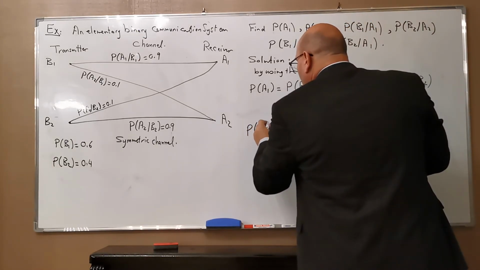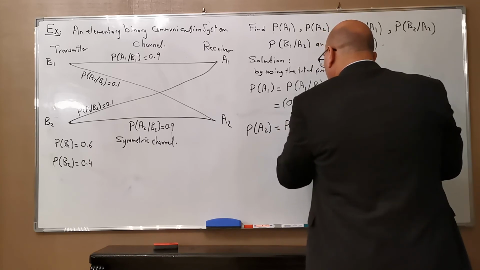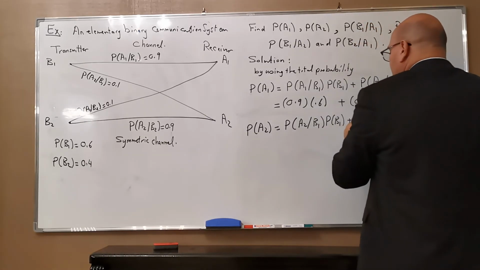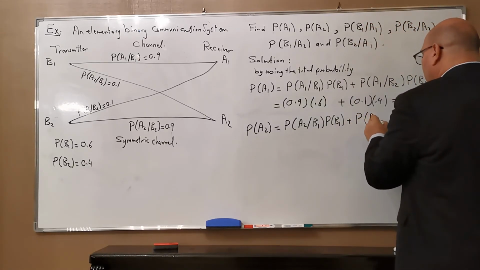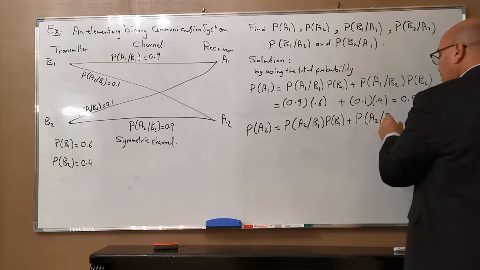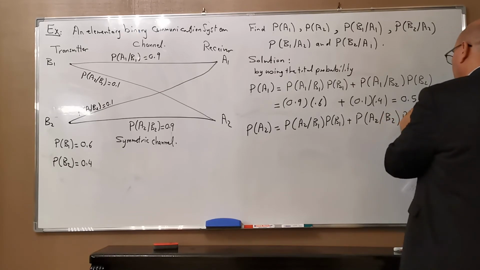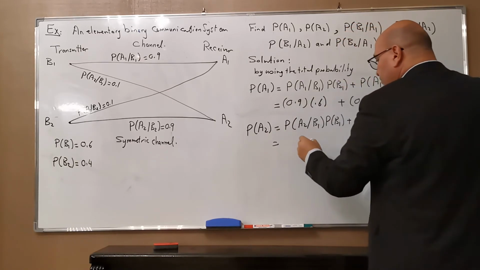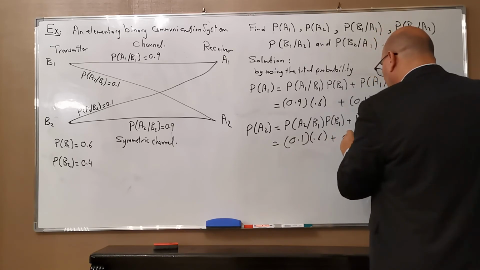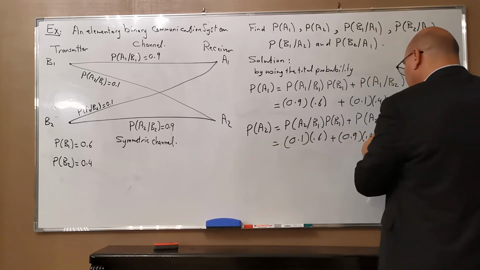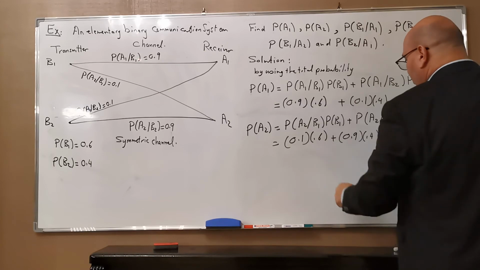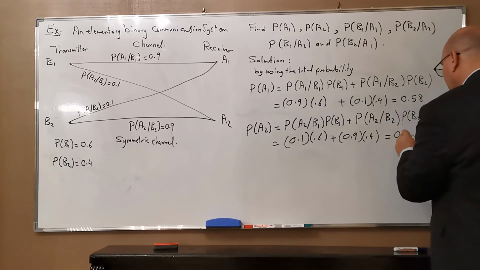The probability of A2 is also the same. It's the probability of A2 given that B1 was sent times the probability of B1, plus the probability of A2 received given that B2 was sent times the probability of B2. This is equal to 0.1 times 0.6 plus 0.9 times 0.4, which is 0.06 plus 0.36, equal to 0.42.